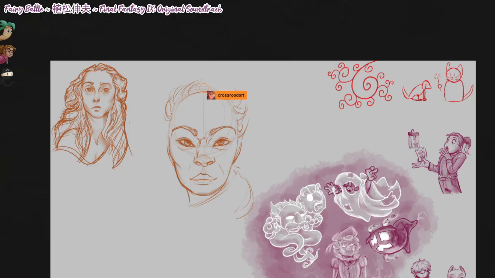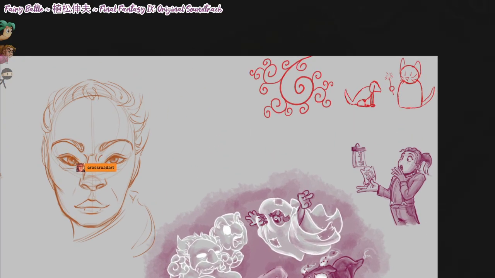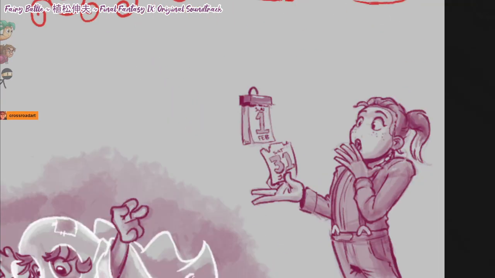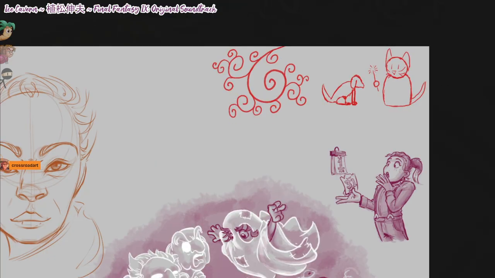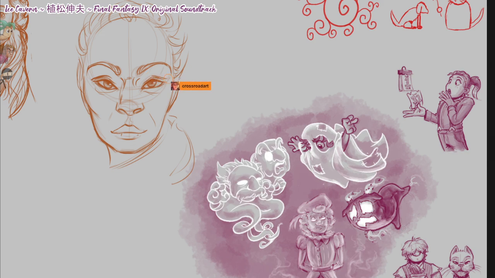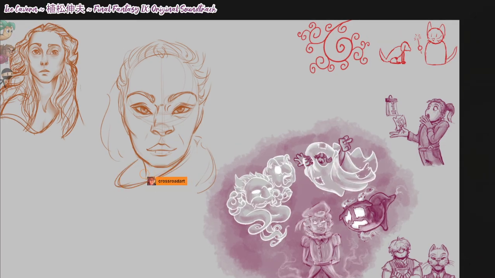Another face. This one looks like someone, but I don't know who. Right.